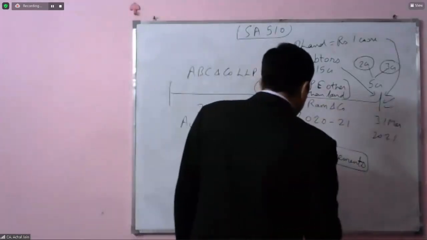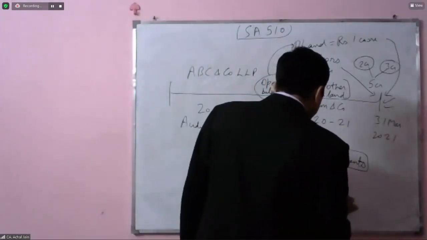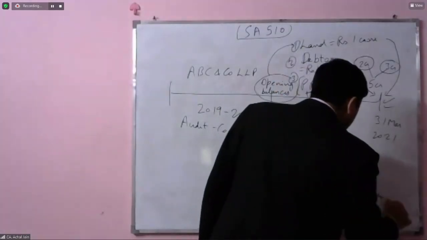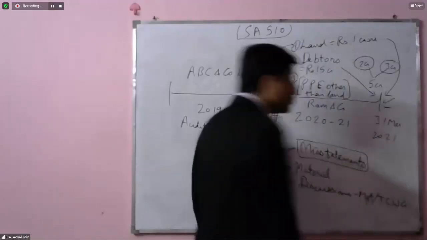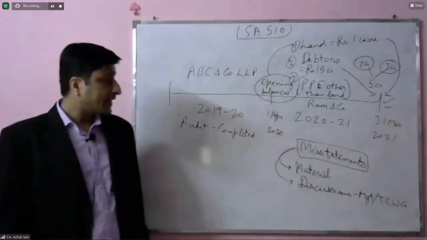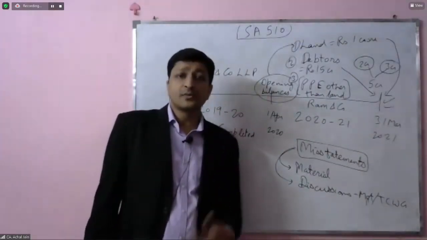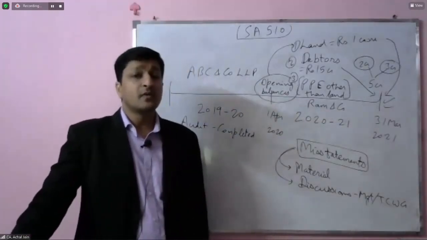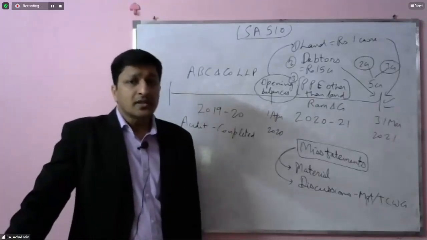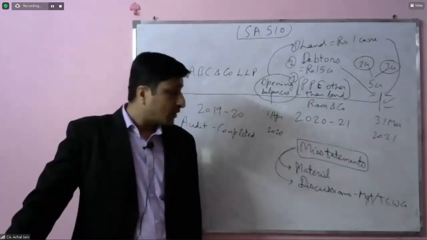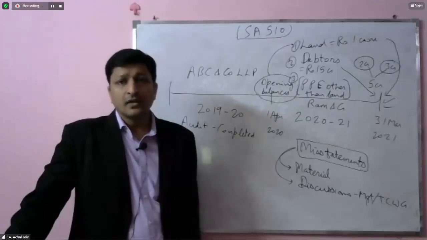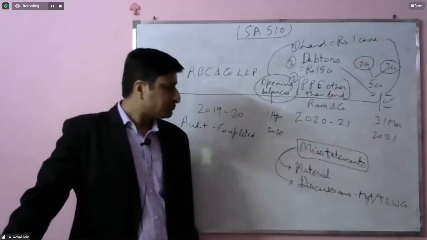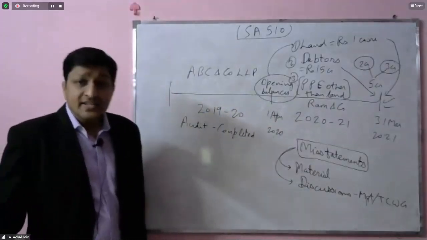So that means the auditor would have discussions with the management and may also require discussions with those charged with governance in respect of certain misstatements which could be material, or which may be of significant importance to the auditor or to the overall set of the financial statements, which will have to be analyzed by the auditor.